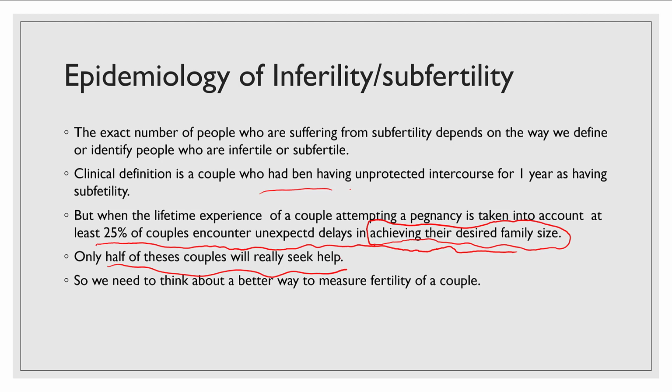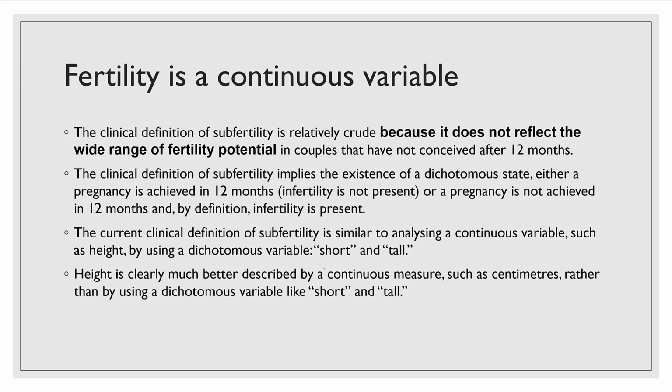So we need to look at fertility in a better way than just going by the clinical definition of 1 year of trying. If we look at fertility as the inability of a couple to have a pregnancy after 1 year, this is like classifying a population of people into 2 groups, say short and tall, depending on the measure.